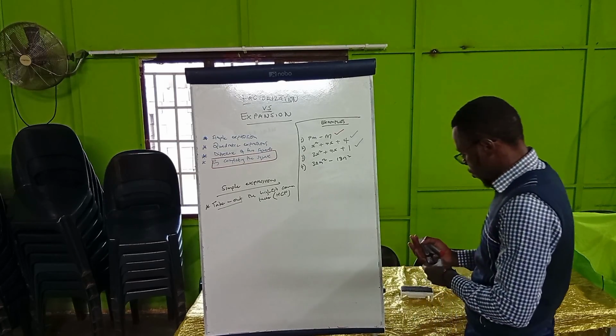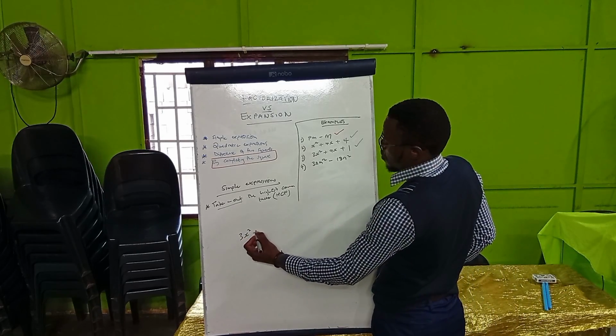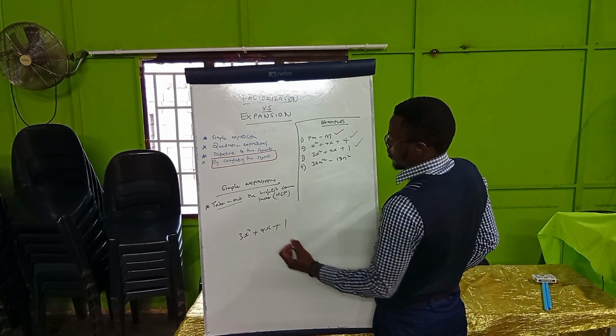Okay, so let's factorize 3x squared plus 4x plus 1.